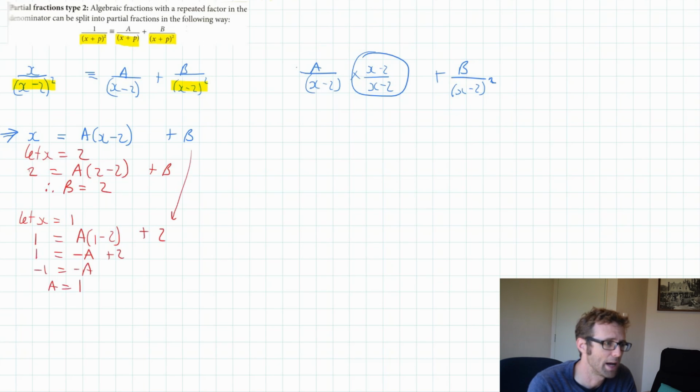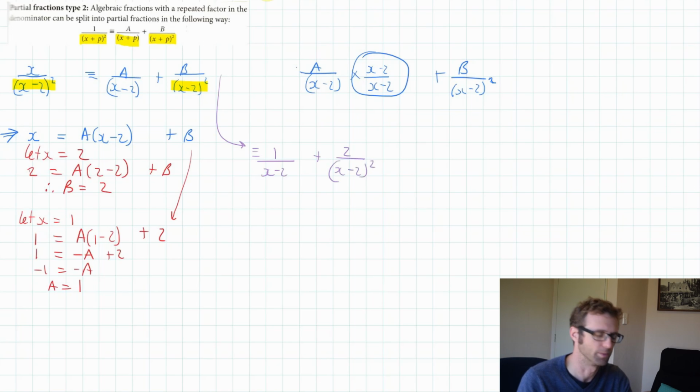Now we can write our partial fraction. So we've got 1 over x minus 2 plus 2 over x minus 2 all squared. That's the second type of partial fraction.